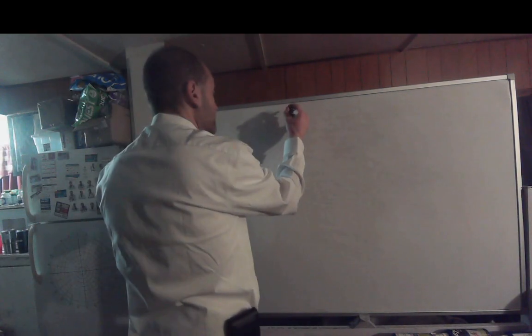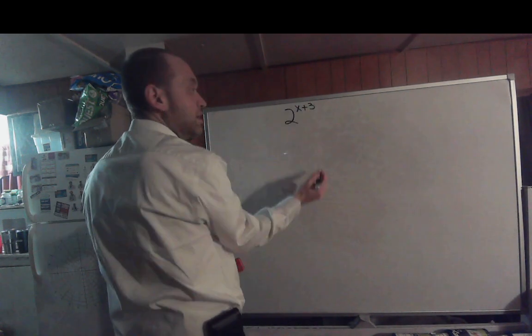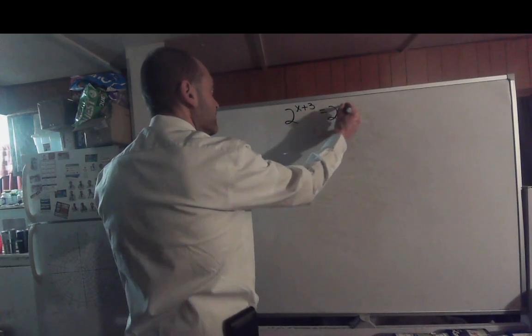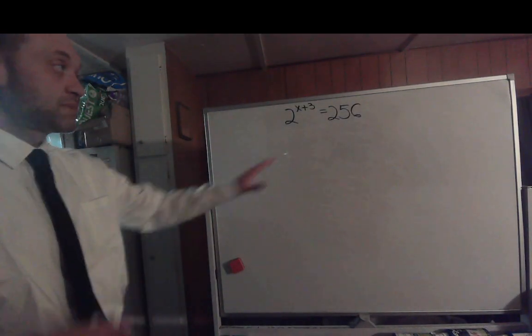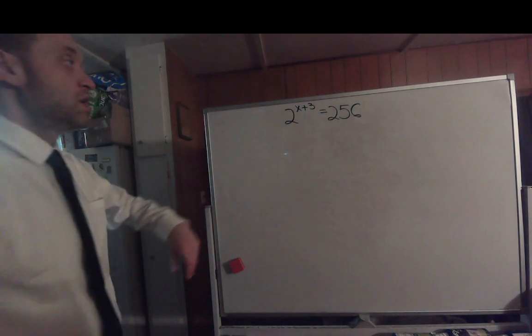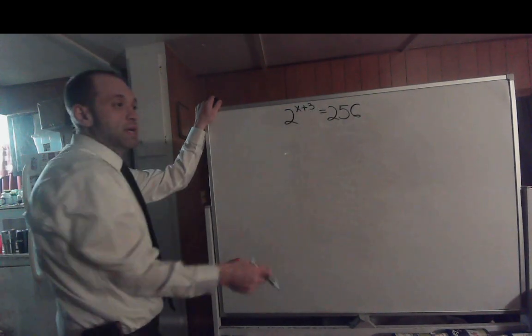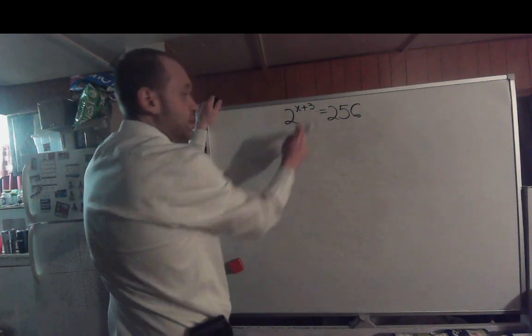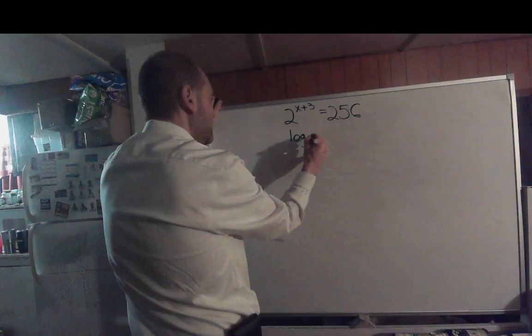Now, how about something like this? You have 2 to the x plus 3 power equals 256. Well, still, you have the variable in the exponent with a base 2. So you're going to take log base 2 of both sides.